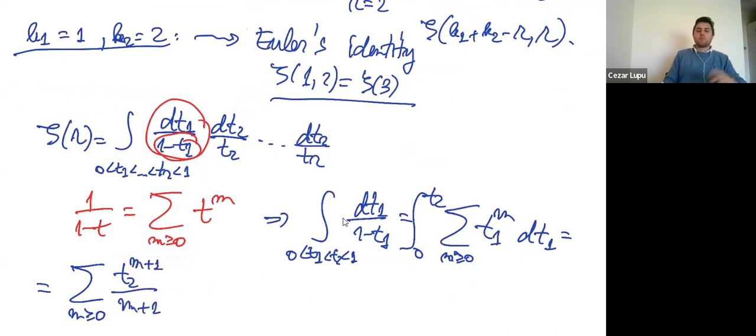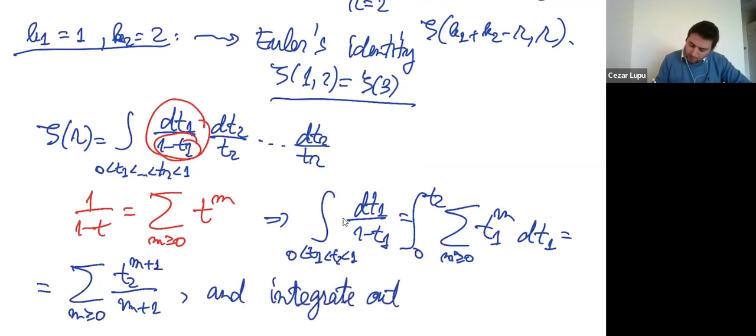And now guess what? We keep integrating. So we proceed integrating out t2, t3, and so on, tr.